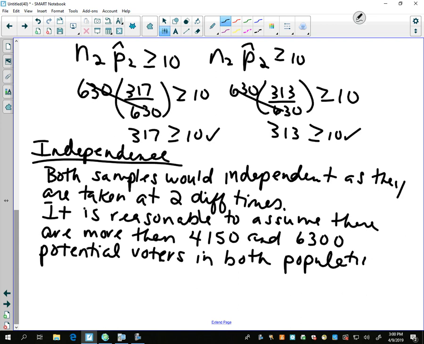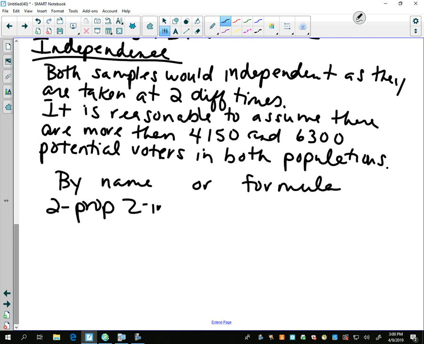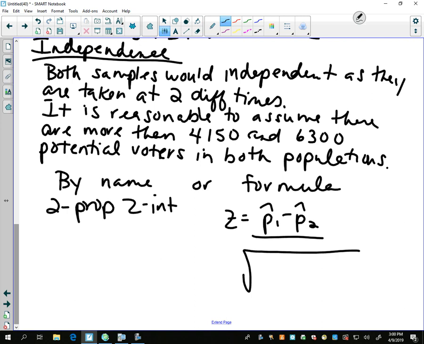So really not much different than we've done, except maybe the normality condition is a little different. So now, again, with calculation, this is by name or formula. So the name is the 2-prop z-interval. The formula is going to be z equals p hat 1 minus p hat 2 over... now, this formula, like I said, is a little different.